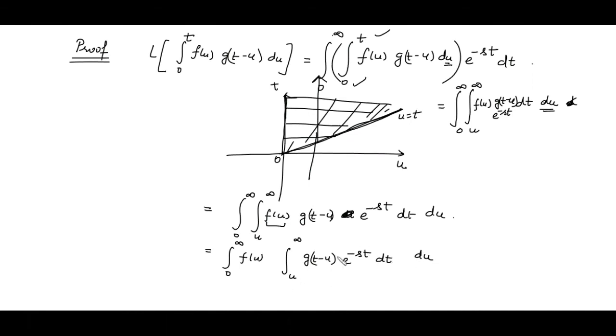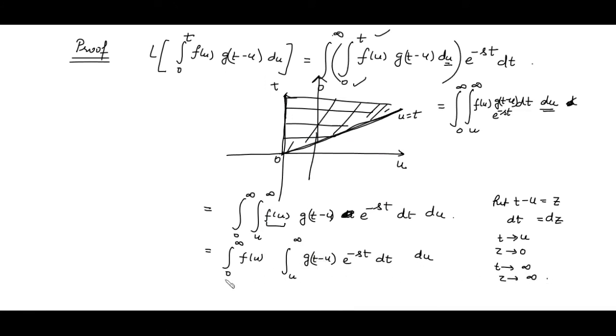Now we can apply the transformation. We put t - u equal to another variable z, so dt is dz. Whenever t approaches u, z approaches 0, and whenever t approaches infinity, z also approaches infinity.